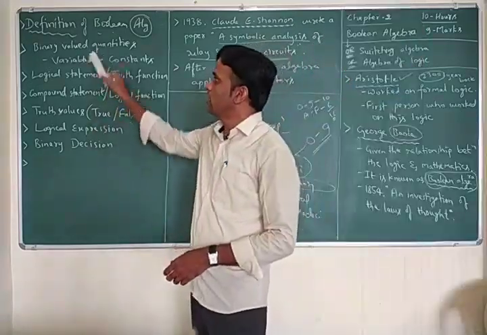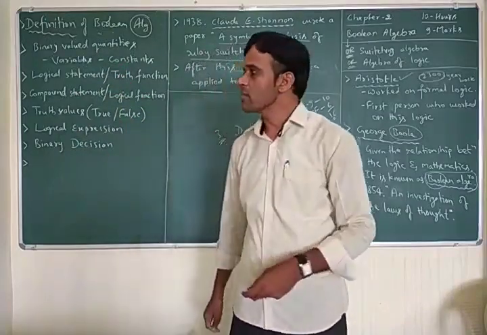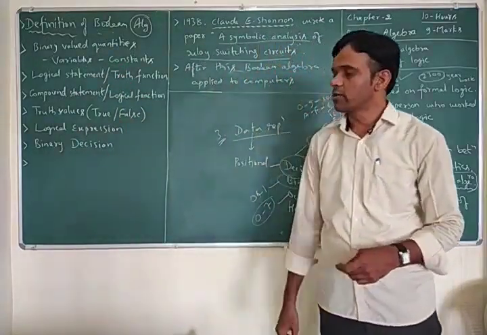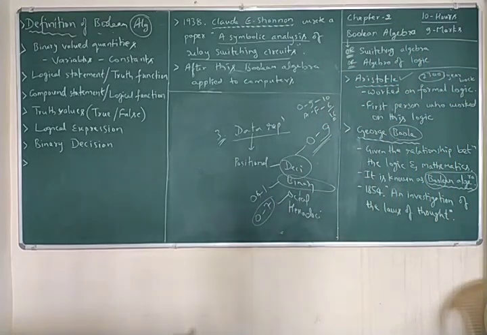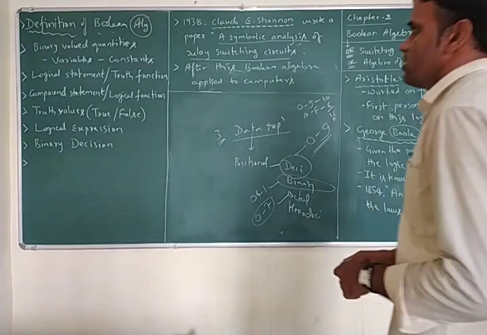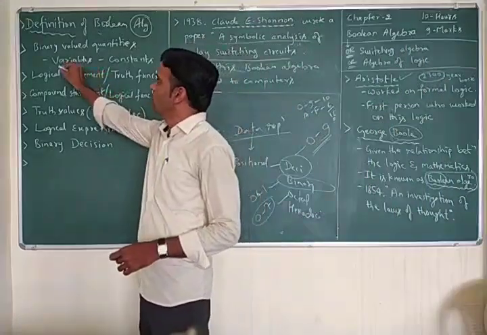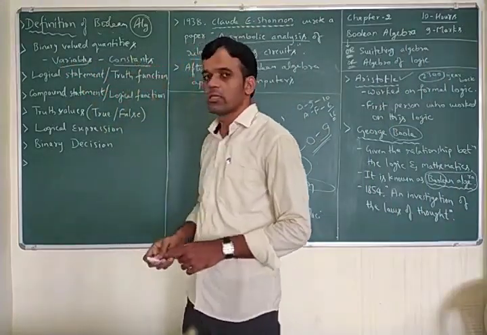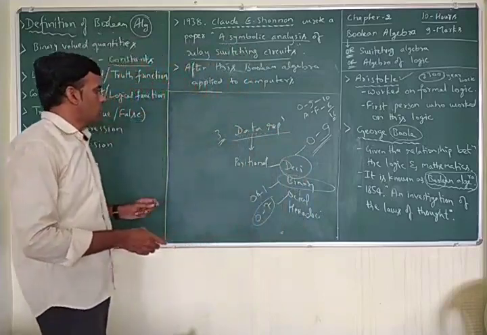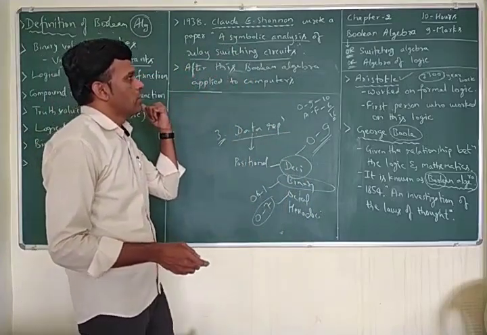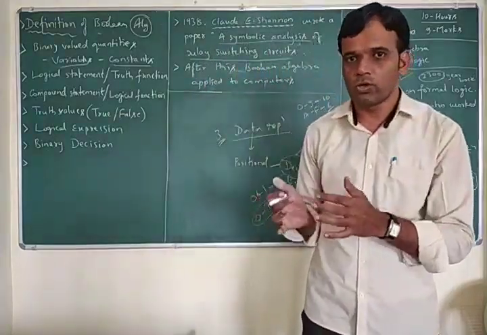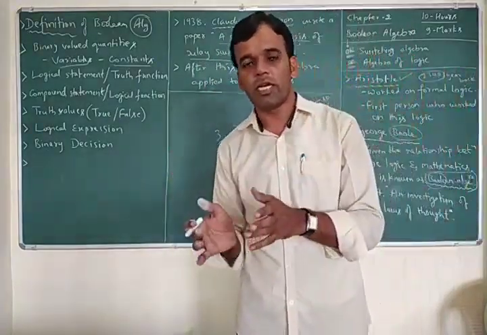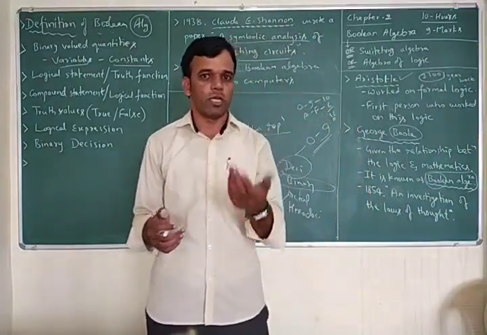So now coming to the next, binary valued quantities. Binary valued quantities are the quantities having only 0 and 1. When it is about quantities, they may be either variables or constants. If you think of an algebraic expression, it's an expression where mathematical operators are used to combine variables and constant values, or numerical values.